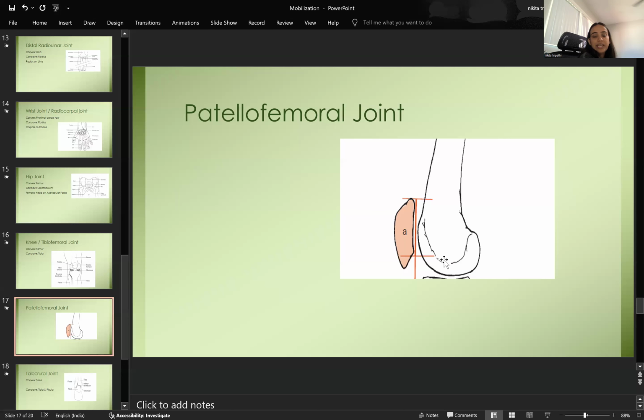You see that with extension, your patella is moving superiorly. So which glide are you going to give to increase the flexion? If I'm going in the flexion direction, my patella is moving inferiorly. To increase the flexion, I give an inferior glide to increase the patellar mobility on the femur.